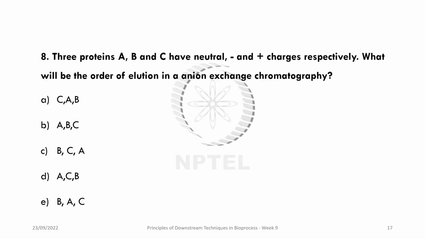You have a similar question in probably non-graded assignment, I guess. Three proteins A, B, and C have neutral, negative, and positive charges respectively. What will be the order of elution in an anion exchange chromatography? Remember that anions are getting exchanged.